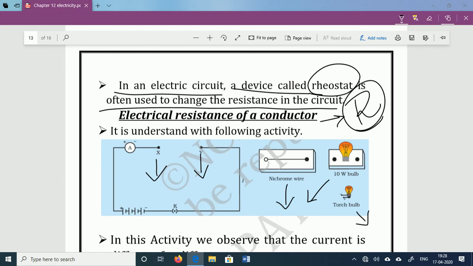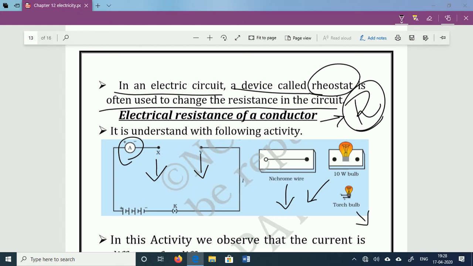When I change the nichrome wire to the 10-volt bulb, and the 10-volt bulb to the torch bulb, I observe that the current passing through the circuit, measured with the help of the ammeter, is not constant, it is different.